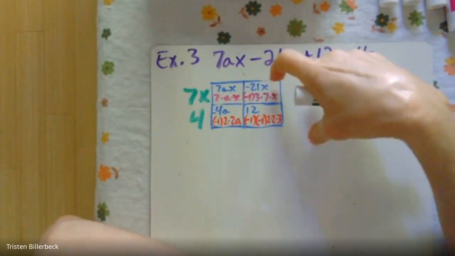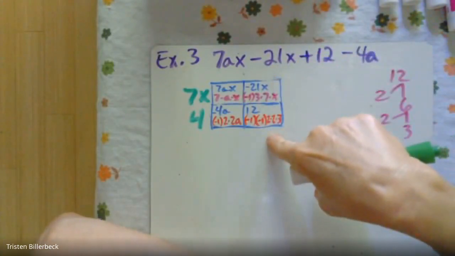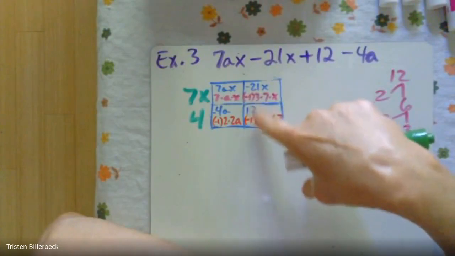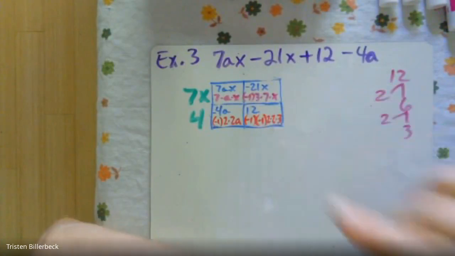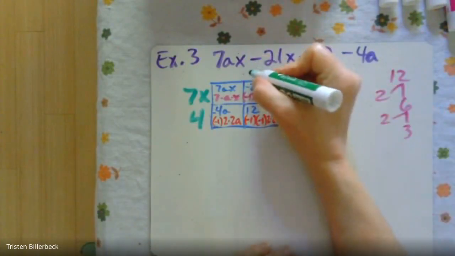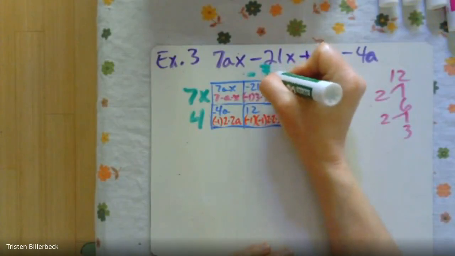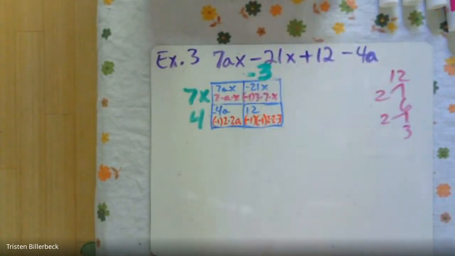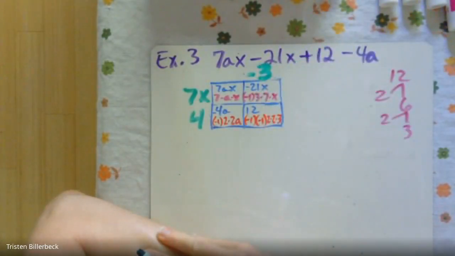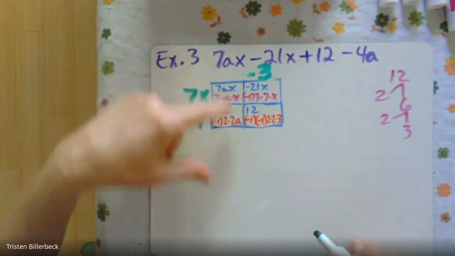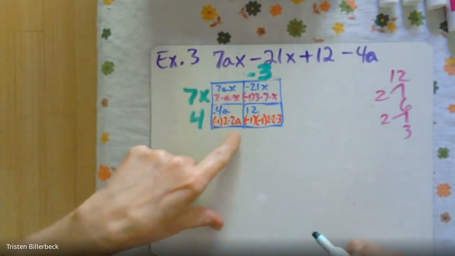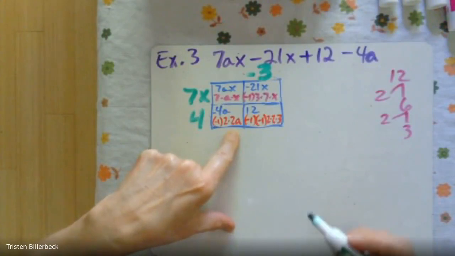Okay, so let's go back and figure out, what do these have in common? There's a negative 1 and a 3. So we can write negative 3. And what's like this one? Okay, so we have an a, and that's it.